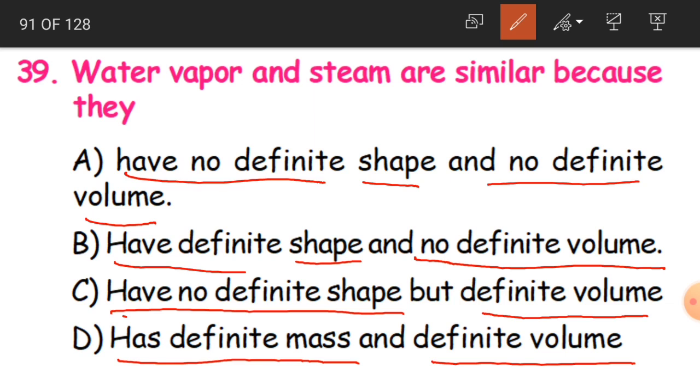So what is the correct one? Do water vapor and steam have any particular shape or any particular volume, as water or any other liquid has? No. They do not have shape like a solid and do not have volume like a liquid. So A is the correct answer.